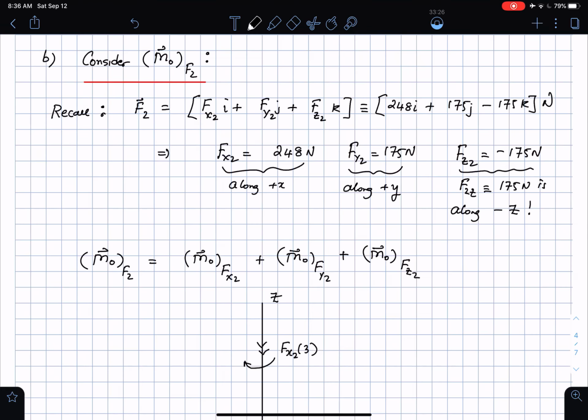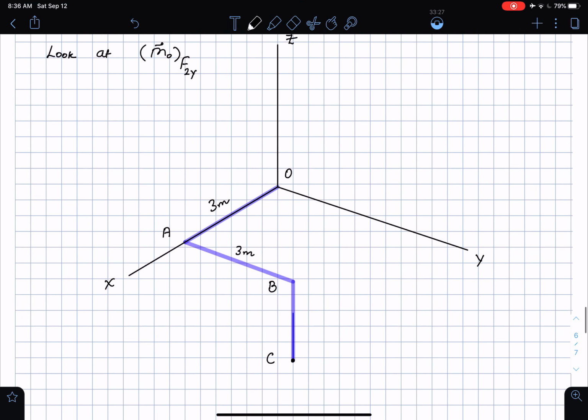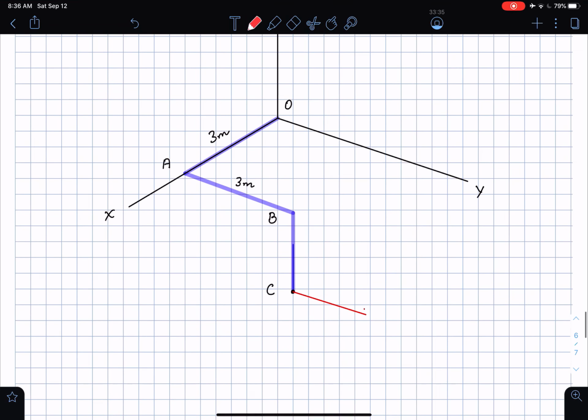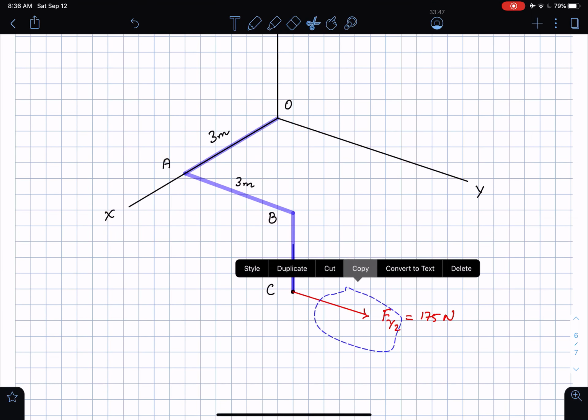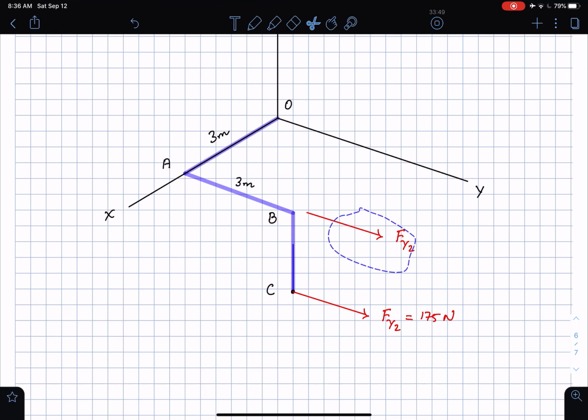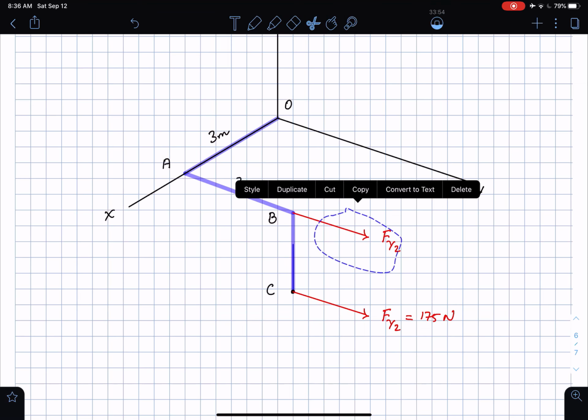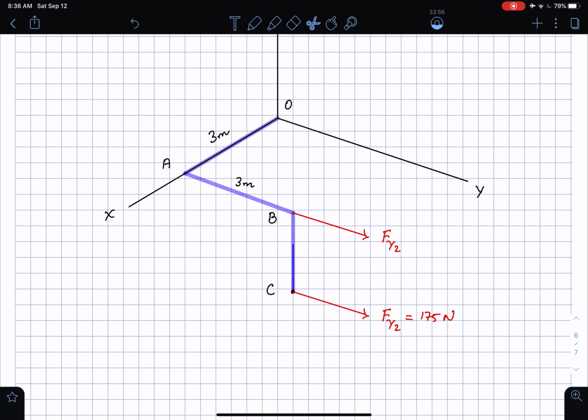So Fy2 is 175 newtons, so that's along the positive y direction, right? So that's going to be drawn in the positive y direction. Okay, so this is going to be Fy2, which is 175 newtons. And I do the exact same thing that I did before. I take this force and plop it in a direction parallel to the y-axis this way.